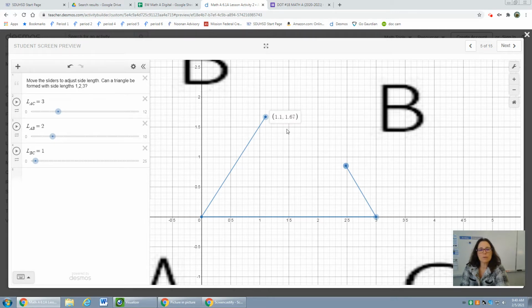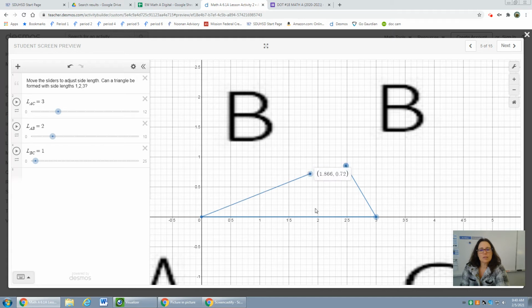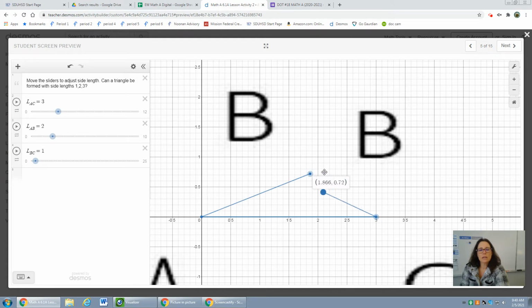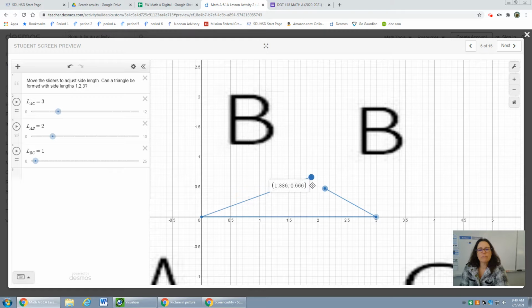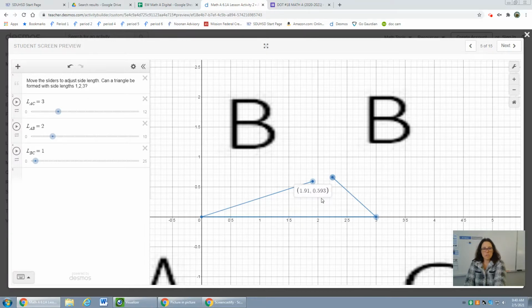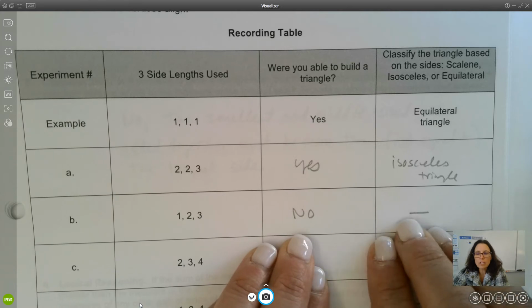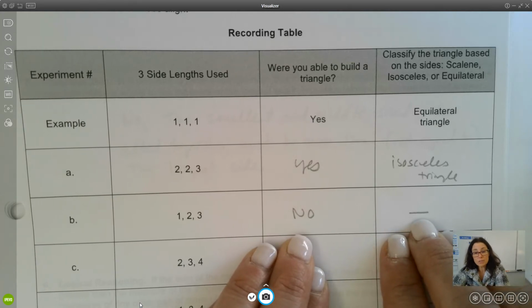It already formed it for me. Okay, is there any way we can form an enclosed triangle with this? I hope you're seeing no. There's no way to form this as an enclosed triangle. So your answer in that row is going to be no, and you're not going to answer the last column because it doesn't form a triangle. Okay?